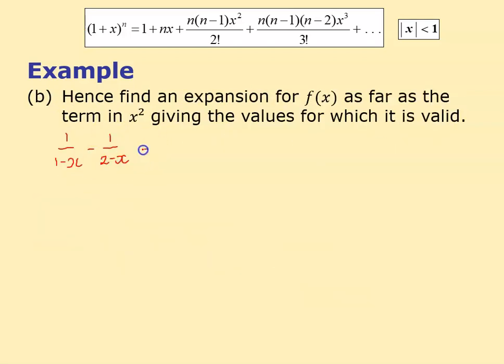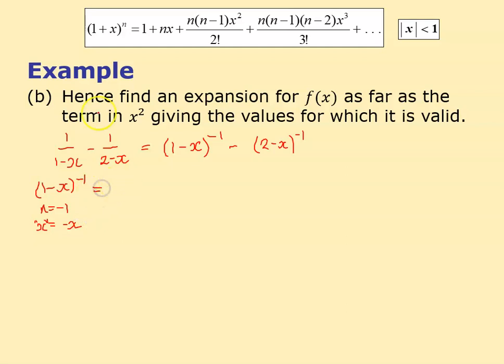And of course, what we need to do is write both of these things as series. And now they've got ones at the front, or numbers at the front, at least we can. So it's 1 minus x to the minus 1 minus 2 minus x to the minus 1. And the first one I'm going to do over here, 1 minus x to the minus 1. Well, my n is obviously minus 1, and my x is minus x.